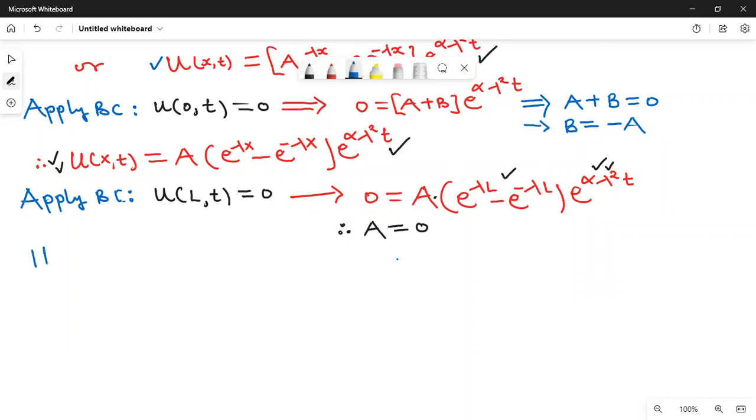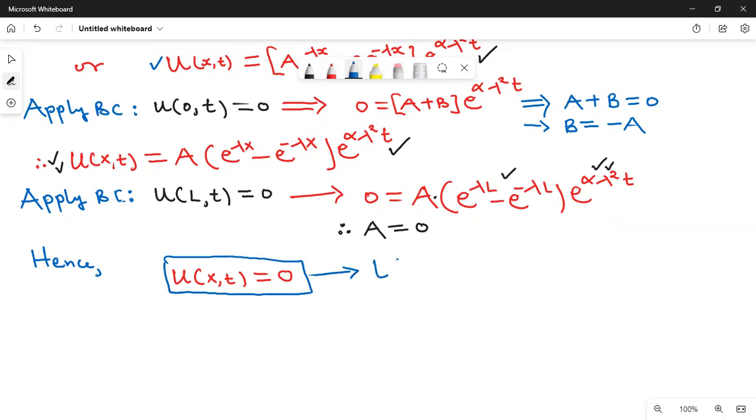Hence, we are now replacing A. Hence, our U of xt must now be equal to A, which is 0, times everything that we have on the right-hand side, and you are going to get 0, because as long as you're multiplying by 0, the result will be equal to 0. This is another trivial solution.